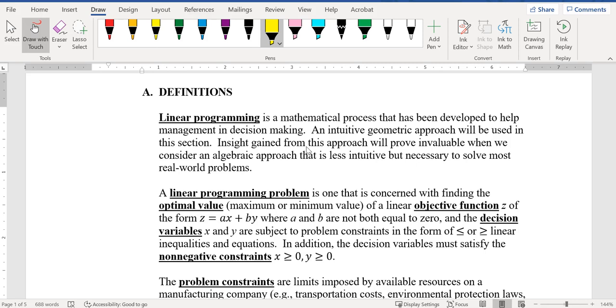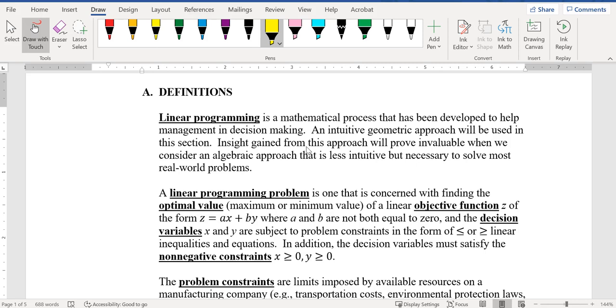A linear programming problem is one that is concerned with finding what's called the optimal value. So it's either going to be a maximum or a minimum value of a linear objective function of the form z equals ax plus by, where a and b are not both equal to 0. And the decision variables, which are x and y, are subject to problem constraints in the form of either greater than or equal to or less than or equal to linear inequalities and equations.